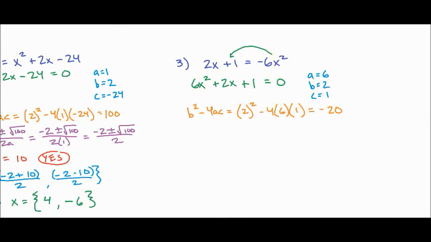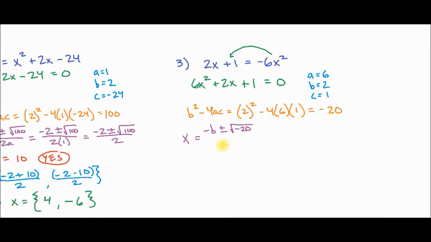Alright, next step, let's find our x-intercepts. First step in finding x-intercepts, let's go ahead and plug the rest of our variables into our quadratic formula. Our quadratic formula is negative b plus or minus the square root of the discriminant, which is the square root of negative 20. And some of you may stop right now and just say, wait a second, we know that there are no solutions. There is no real number that will give us the square root of negative 20.